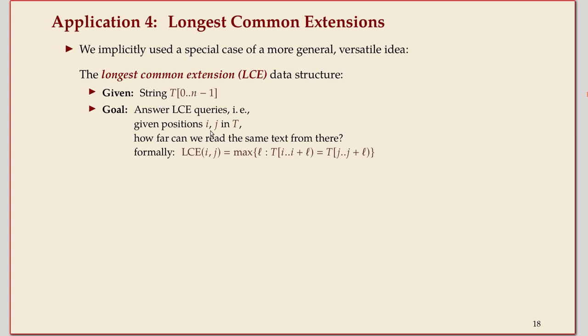I mean, continue reading means they match the same characters to the right. So how far can you read the same text at both positions? OK? So you can define it formally like that if you want, but I've explained the same concept.